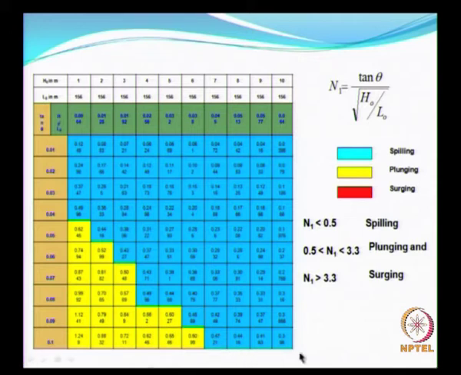So, you see this blue color spread all over gives that the breaking of waves would be mostly the spilling type, and try to recollect the definition of spilling type of breakers.